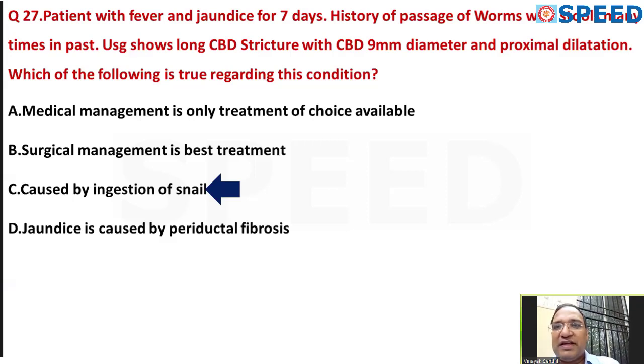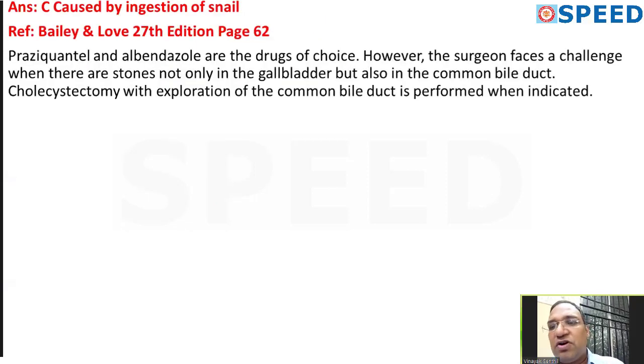If no ERCP, then medical management can be an appropriate answer here, provided there is no stricture in CBD as given in the question, and only linear shadow is seen in imaging. Dead worms do not take linear shadow. Understand this. Only active worms have linear shadows.